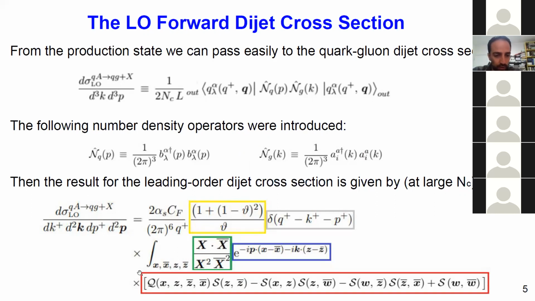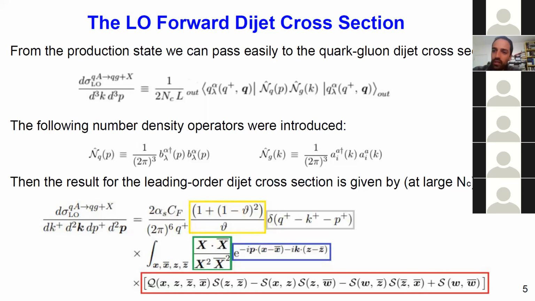Another part of the result is the red box, which encodes the Wilson lines combinations. It will be good to remember that the structure that we get is some interaction between quadrupole and dipole, which is this term, another dipole, and just one dipole.